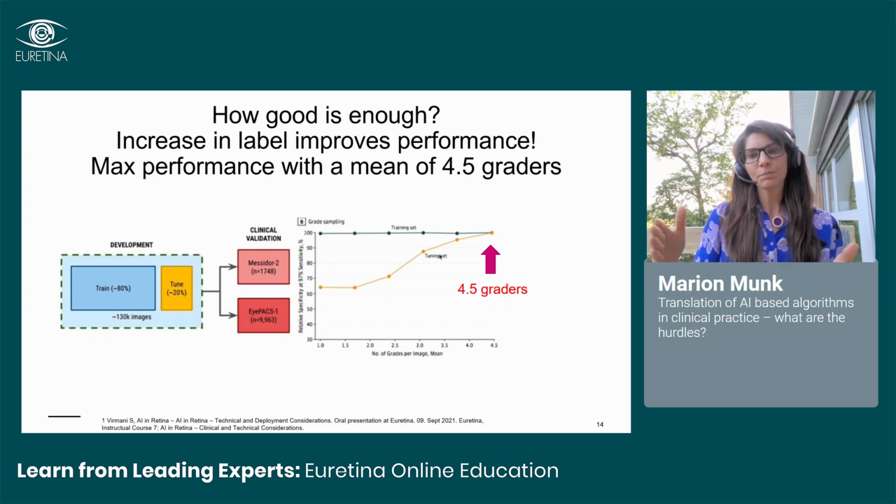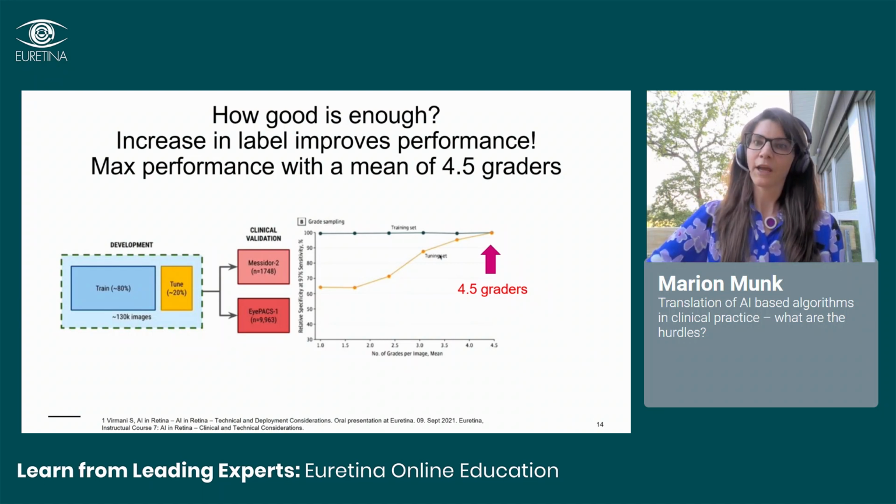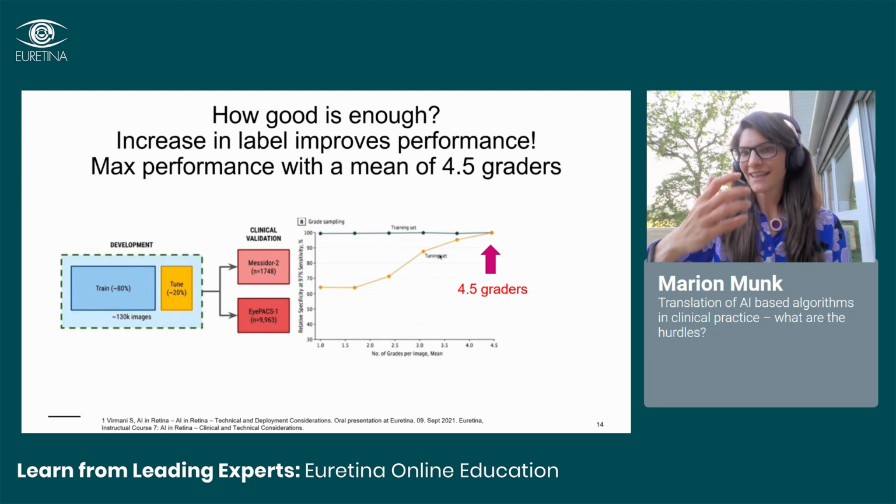And then you choose the result based on a majority vote. From large studies, we have seen that 4.5 graders are needed to reach the maximum performance possible of an algorithm. Beyond 4.5 graders, the quality does not really improve a lot more.